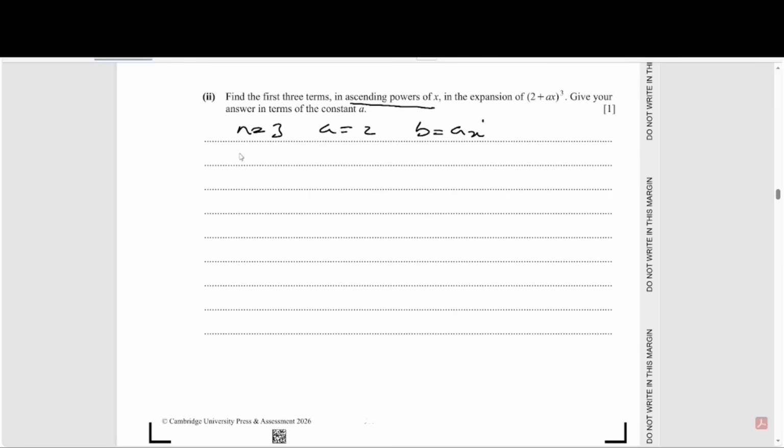Then the first term is 2 exponent 3, and then plus 3 combination 1, I'm going to use the C notation, 2 squared, and then ax exponent 1, plus 3 combination 2, 2 exponent 1, ax all squared. It goes on and on, but we just need to produce the first three terms.